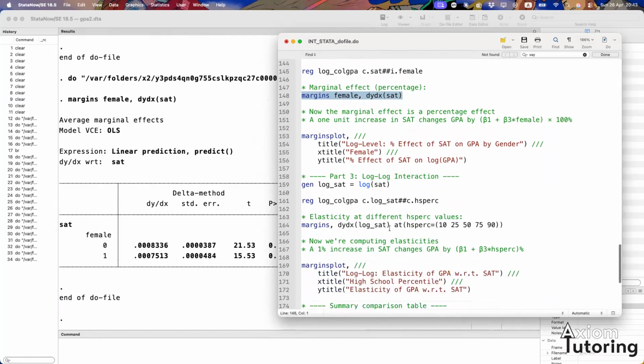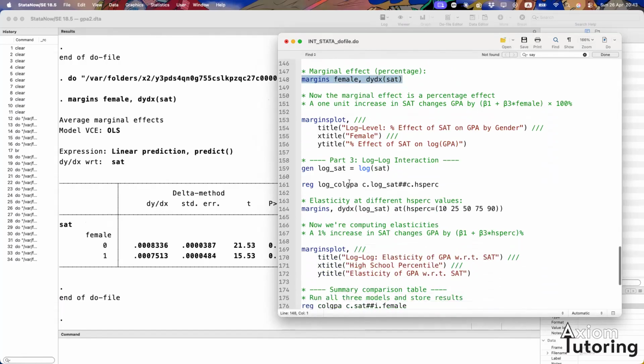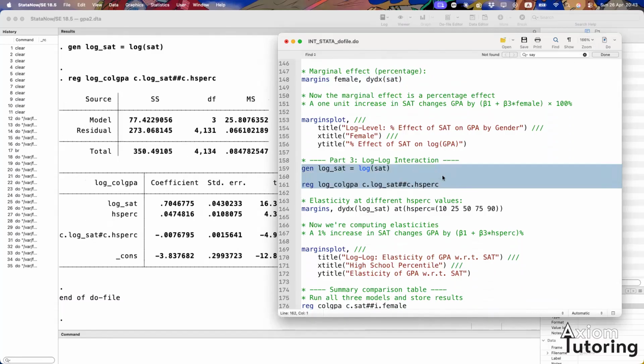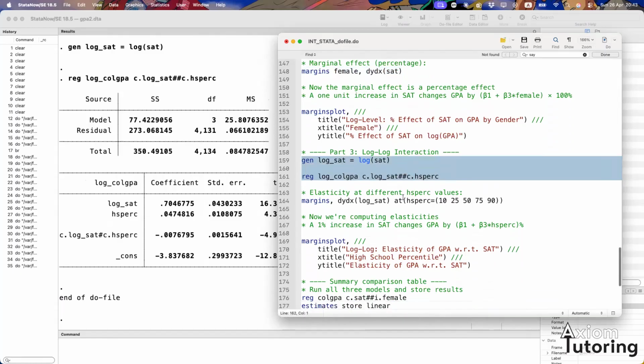You can look also at the log-log interaction. Nothing again will change. You just need to recreate a log version of the SAT variable and simply run the regression as usual. Keep in mind, it's a continuous variable in this particular regression that we're running here. So when we look at the margins, again, we have to specify values for that.